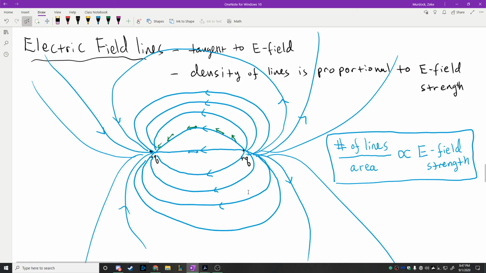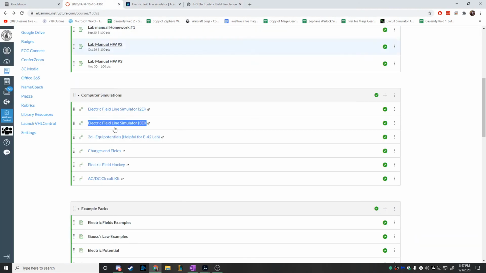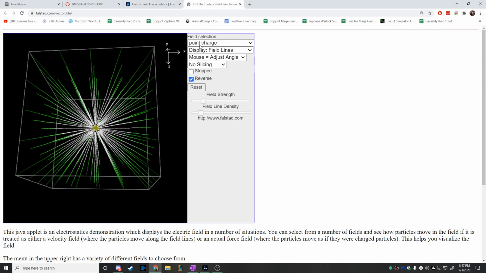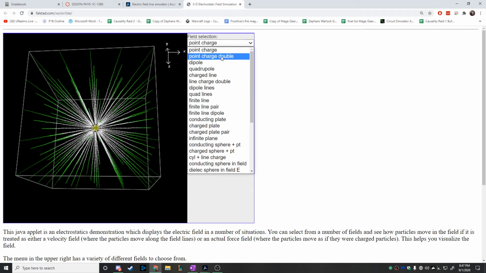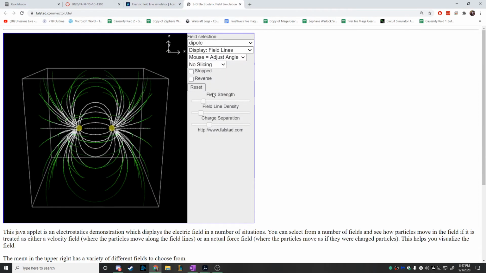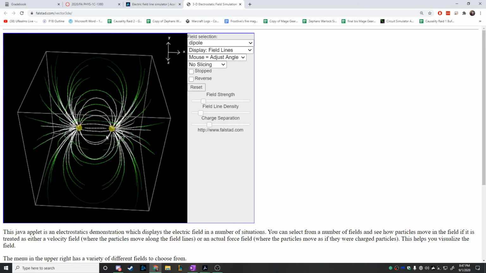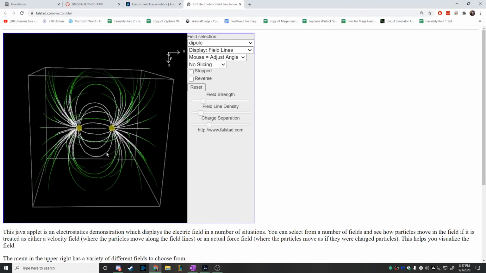And we can see it on this other diagram here. Again, you can find these things to play with on Canvas. So if I plug in here a point charge of the same sign, and a dipole, that's what we want. The dipole actually has these, the real dipole electric field lines.